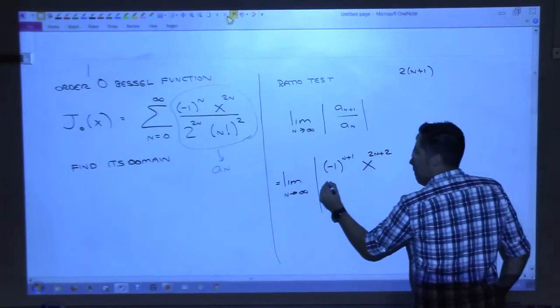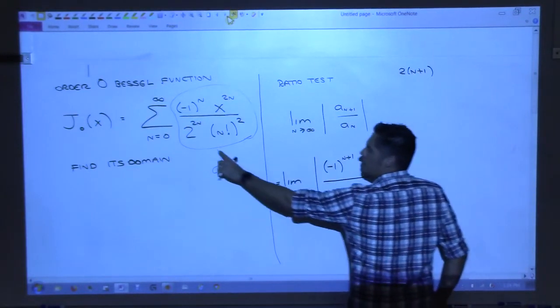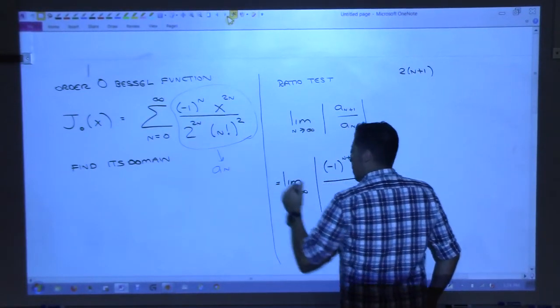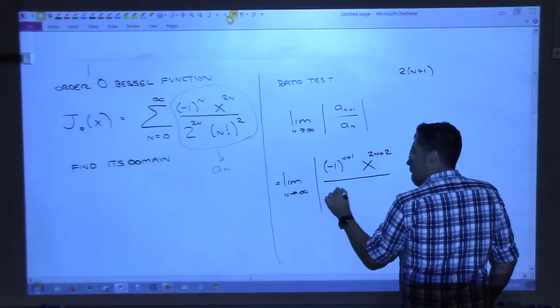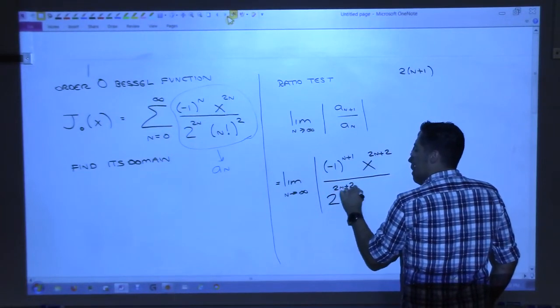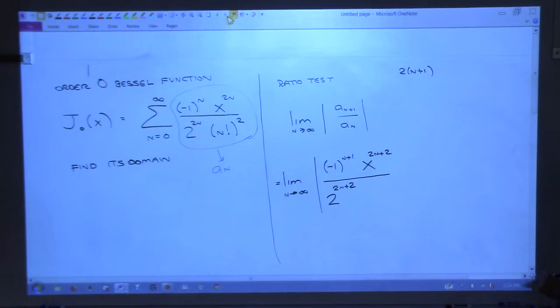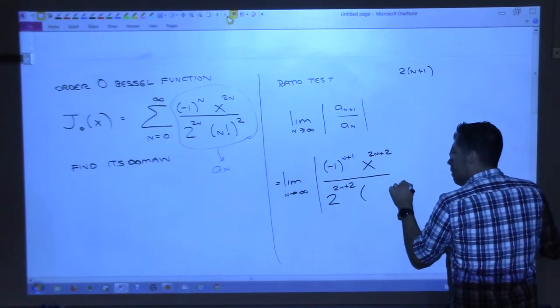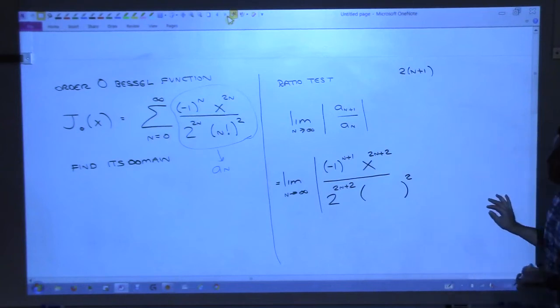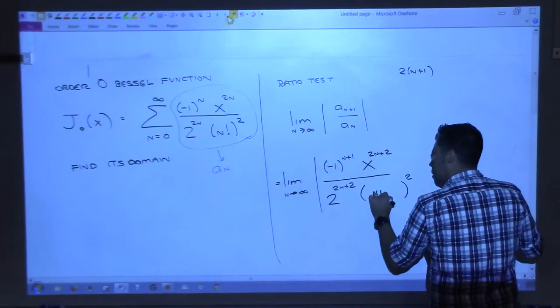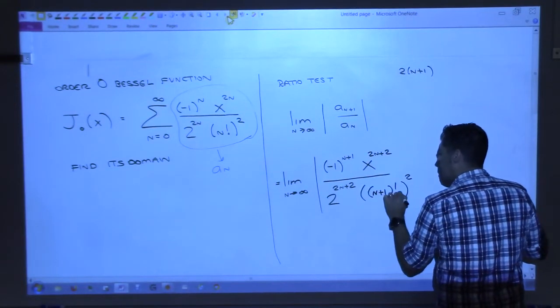Over this with n replaced with n plus 1, so 2 to the 2n plus 2 again. And then this one's a little tricky, so be careful how you write this. We're squaring something, but what are we squaring? N plus 1 factorial. So I need to write that n plus 1 in parentheses, factorial.